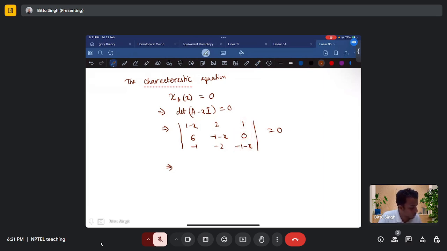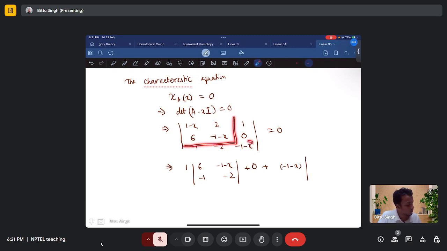So it is same as 1 times 6 minus 1 minus x minus 1 minus 2, and then 0, and then plus minus 1 minus x times these two things. These two columns deleted, so this 1 minus x to 6 minus 1 minus x. So this equal to 0.